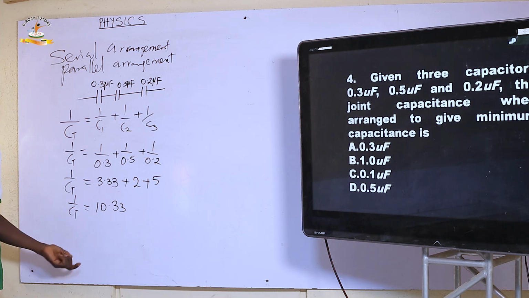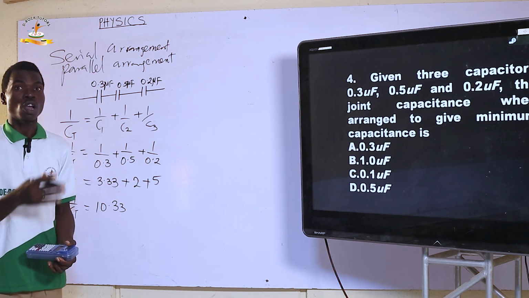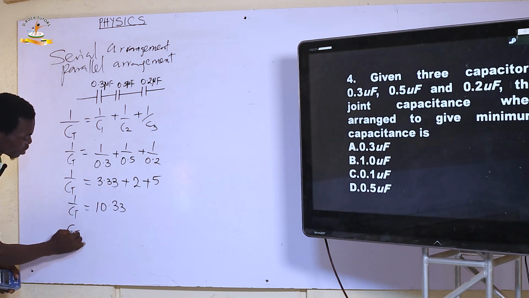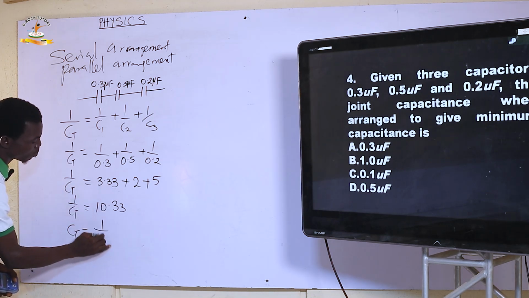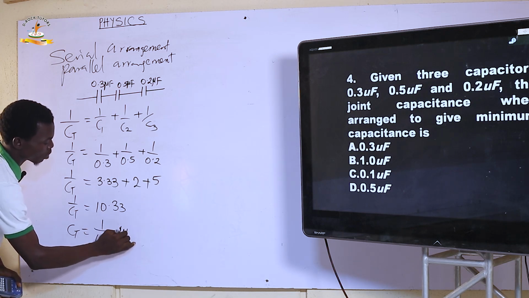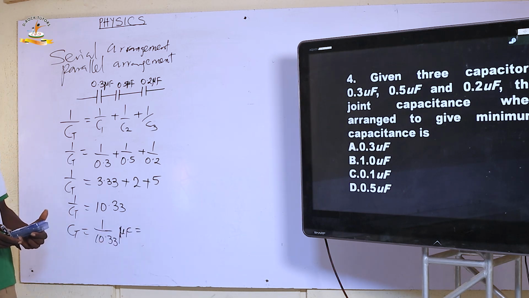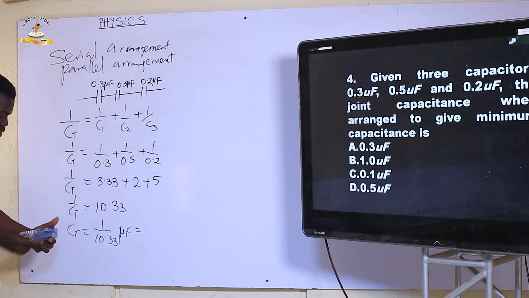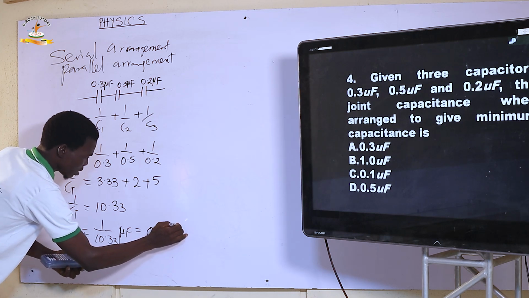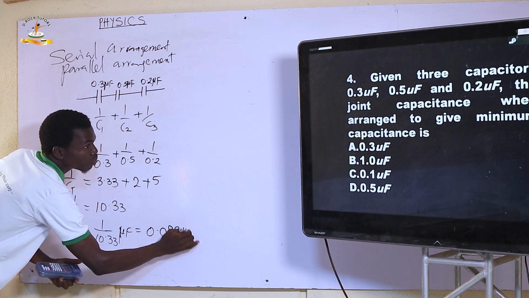It's never C total. So to get C total, we take the inverse of both sides. So it means C total is going to be 1 over 10.33, and that is going to be in microfarad. Let's take a look at the answer. 1 by 10.33, so the answer is going to be 0.097 microfarad.